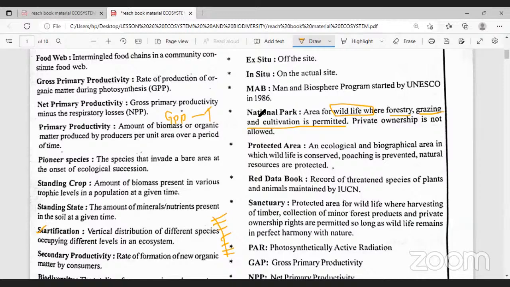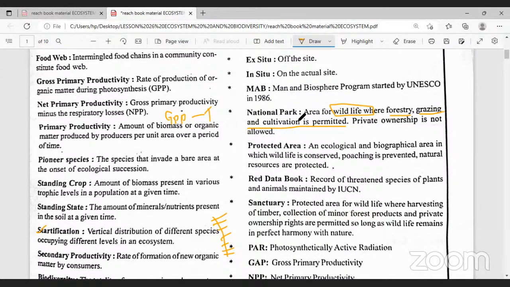It is at national level. There are so many national parks in our country: Mudumalai, Vedanthangal, Jim Corbett, Assam, Kanha, and also Gir, Bandipur, Panna, and many more. They are all considered national parks.